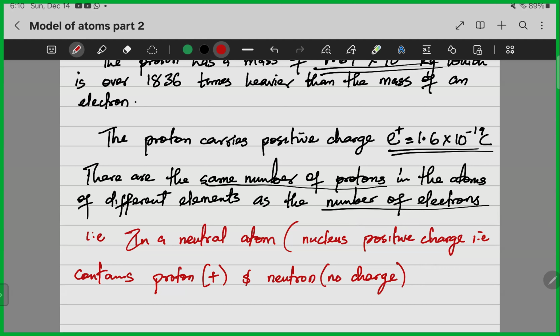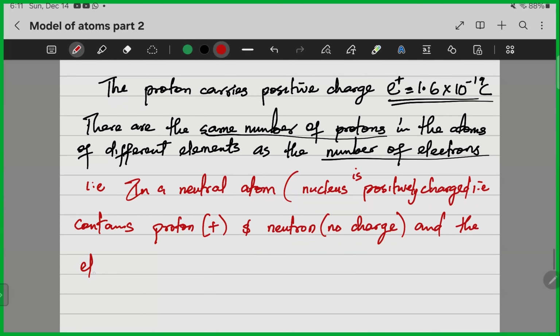The atom is made up of nucleus and electron, and the electron is negatively charged.